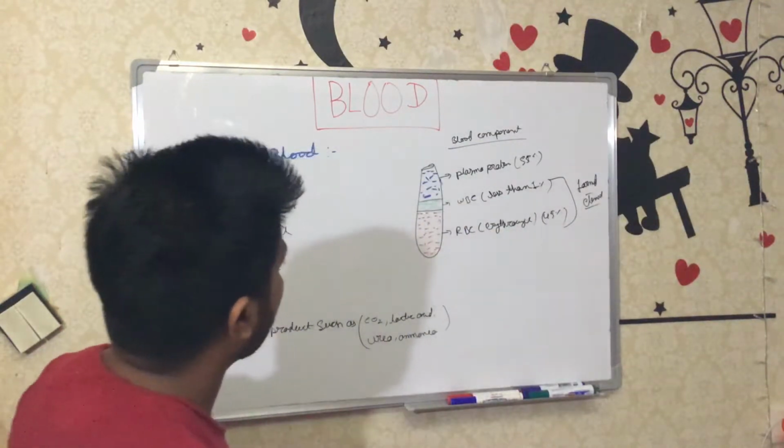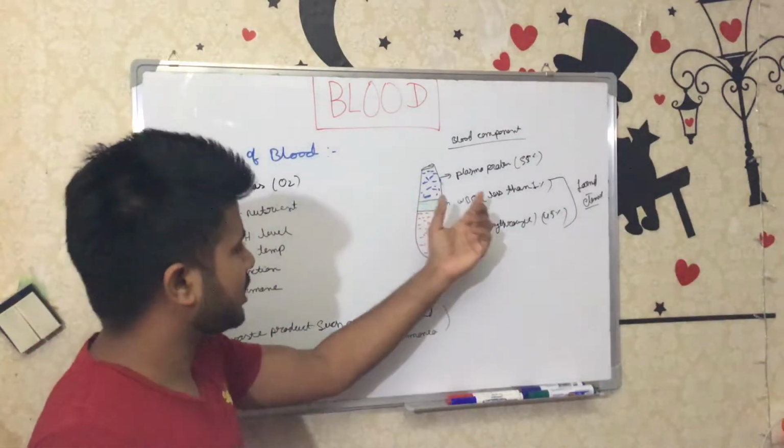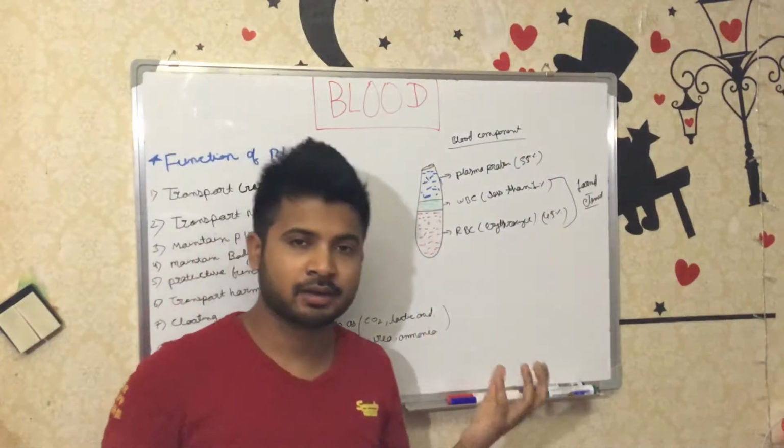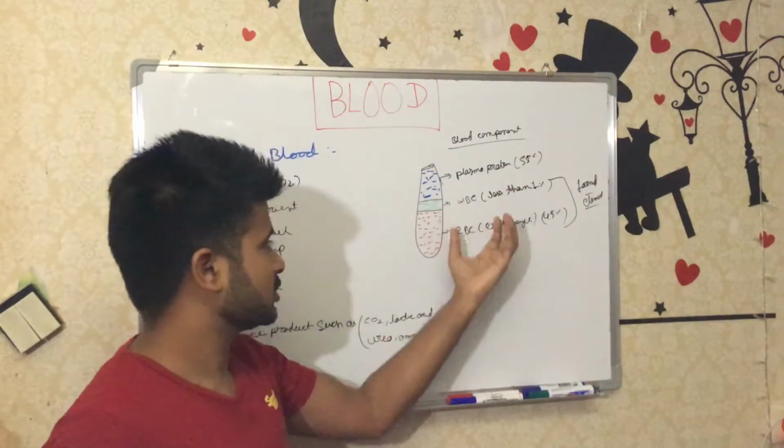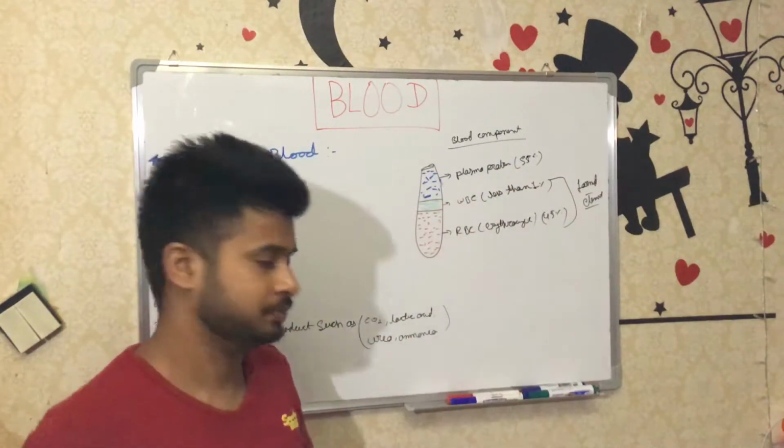Now we'll discuss individually which components are included in the plasma protein, WBC and RBC.